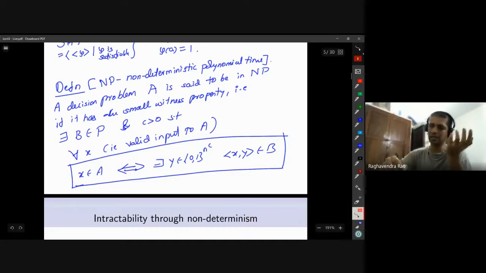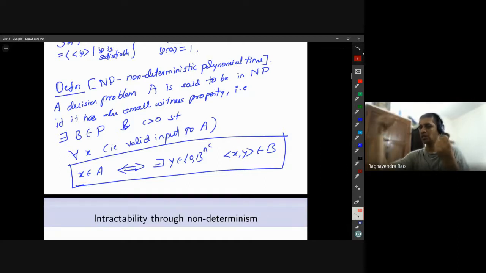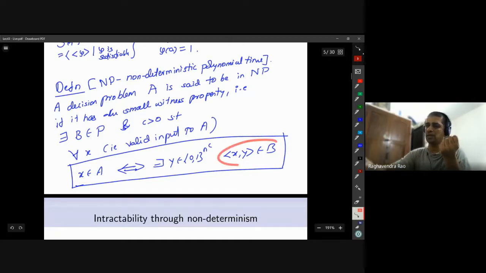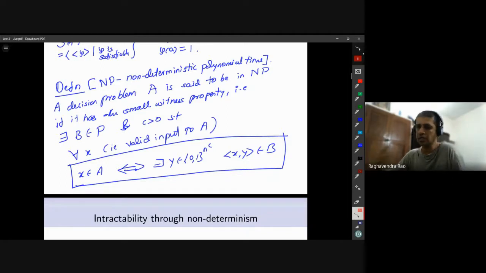What is the statement here? The statement is that x is in A. Now the teacher has to verify. Assuming the teacher is very knowledgeable, the teacher manages to verify, provided the proof is short, maybe one or two pages. This idea is well captured by the concept of non-determinism.